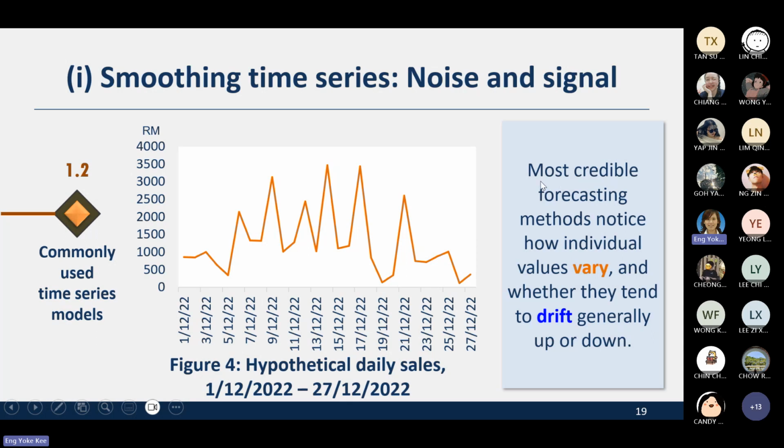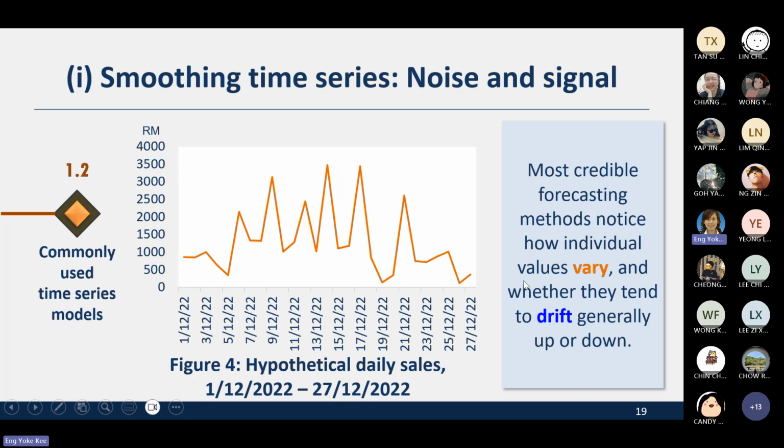Most credible forecasting methods notice how individual values vary and whether they tend to drift generally up and down. Drift means the signal. Varies means differences. Differences means chaos. Chaos means noise.